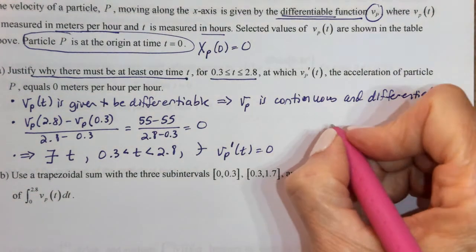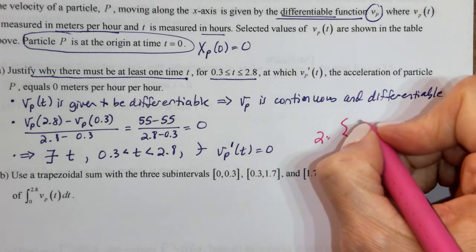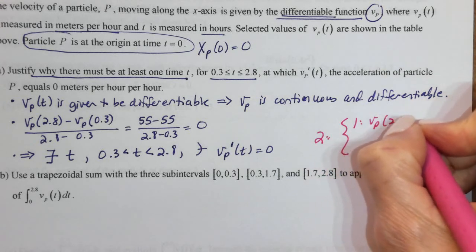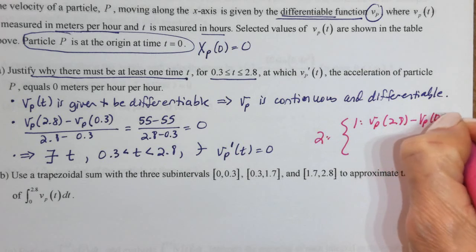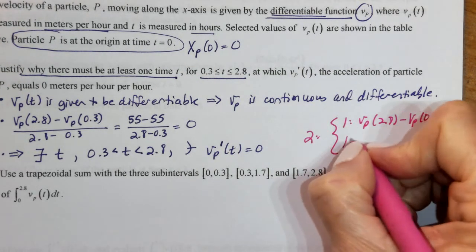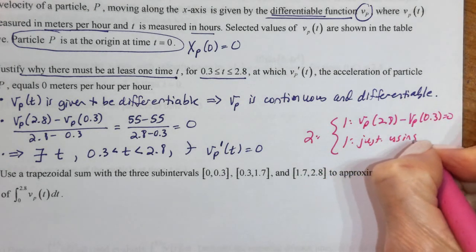That was worth 2 points. V sub p of 2.8 minus v sub p at 0.3 is 0, and another point for the justification using MVT.